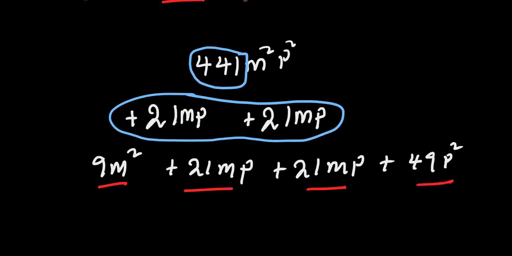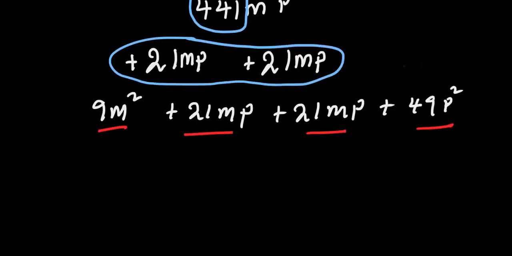All right, so whenever you have an expression with four terms, the best way to factor it is by factoring in twos. So you pick the first two terms and you factor them.